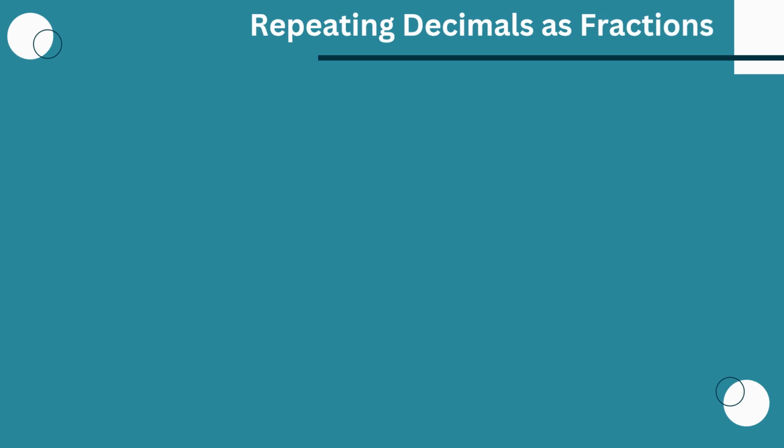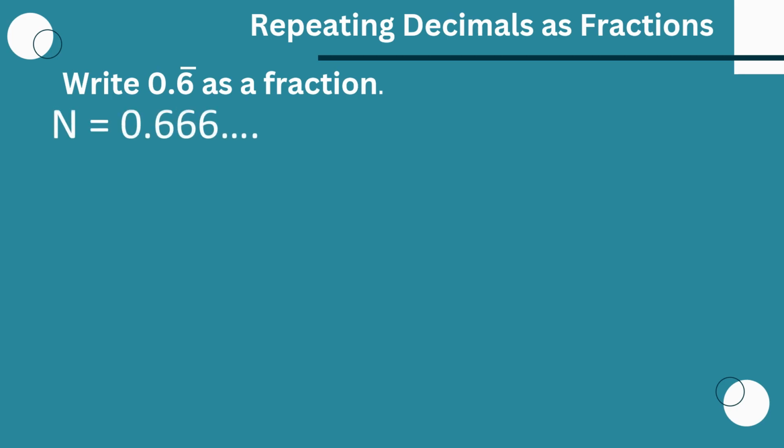Next, we're going to discuss repeating decimals as fractions. For example, write 0.6 with a bar notation on top of 6 as a fraction. The first thing we do is assign a variable to the value of the decimal. So we have n is equal to 0.666 and so on.